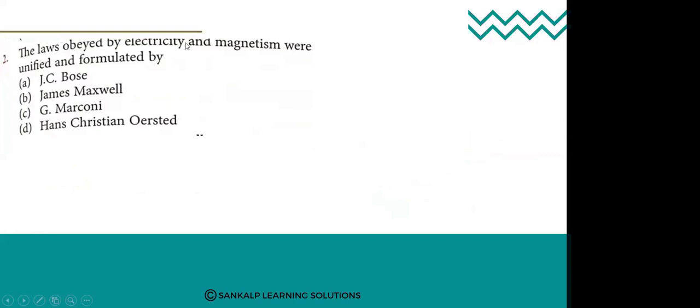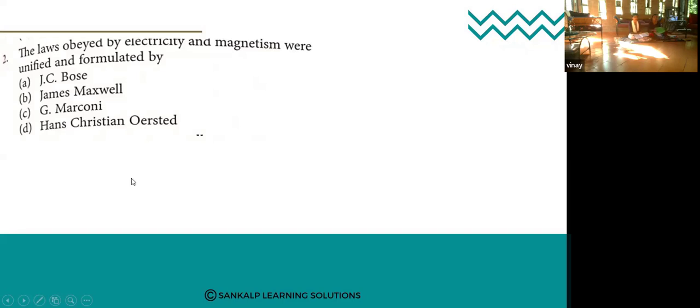The laws obeyed by electricity and magnetism were unified and formulated by whom? Here what they want to say is, in the first three topics you studied about electricity. In this chapter you will study about magnetism. So who unified this? Unified in the sense, who combined, that is, presence of electricity gives magnetism, and presence of a magnetic field indicates there is a presence of electricity. Who combined the two and gave the law? The options are J.C. Bose, James Maxwell, Marconi, Hans Christian Ørsted.